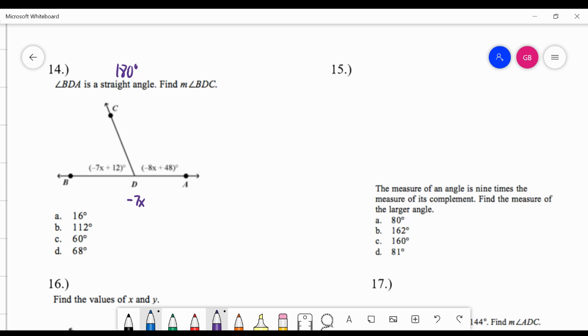So negative 7x plus 12 plus negative 8x plus 48 is 180. So negative 15x plus 60 is equal to 180. Subtract 60 from both sides, so negative 15x is equal to 120.